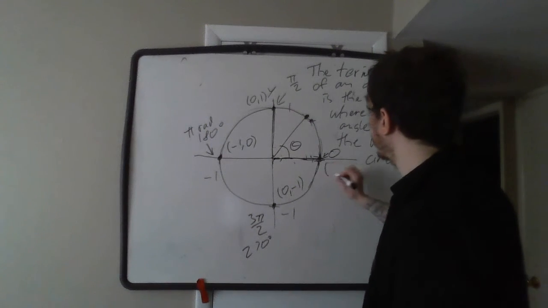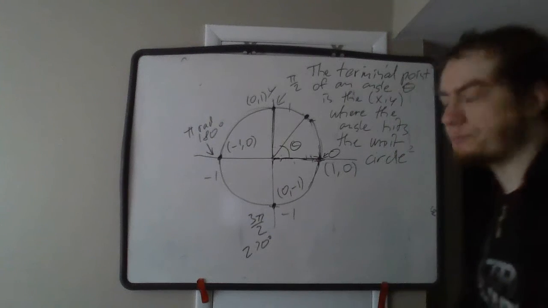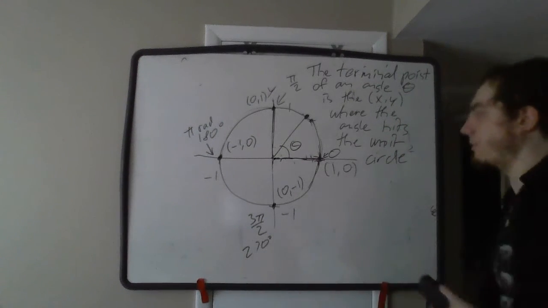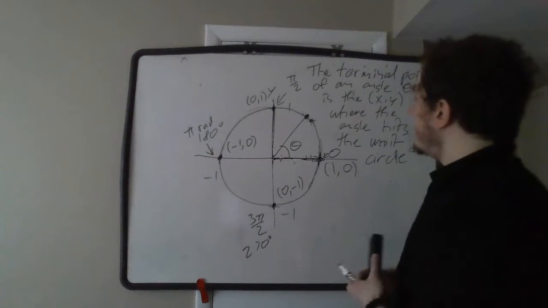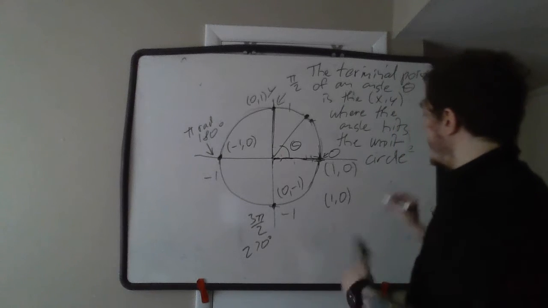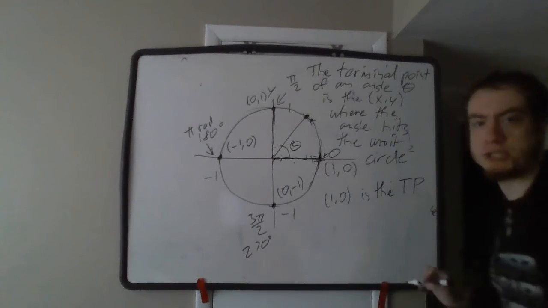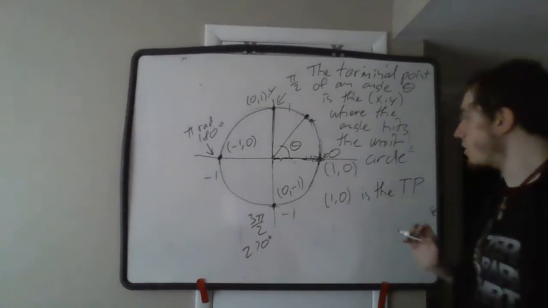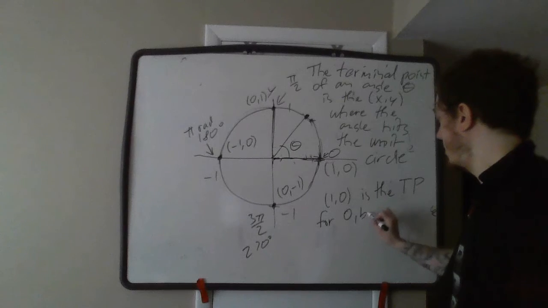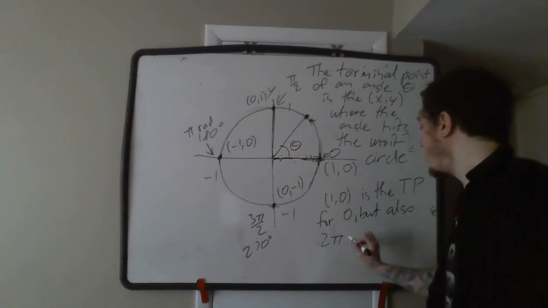Well, that's just going to be 1, 0, because we're at x equals 1 and y equals 0. Now, the thing to notice is that 1, 0, this is the terminal point, which I'm just going to abbreviate as TP here, for 0, but also it's the terminal point for 2 pi.